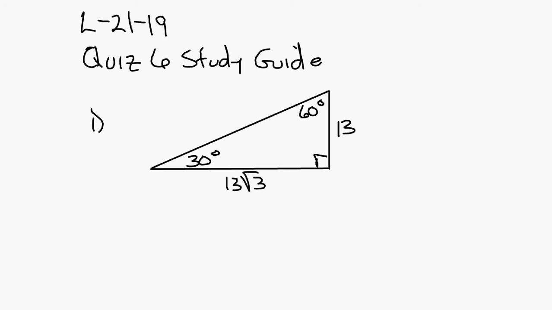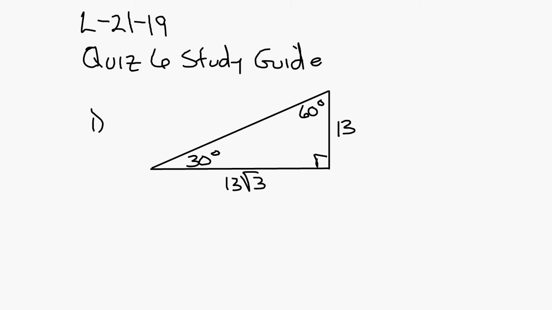And in your calculator, you multiply 13 times the square root of 3. That's 22.5.